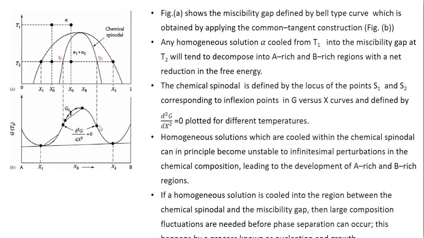These are the two inflection points corresponding to a temperature T2. If you vary the temperature, obtain these composition limits of the two phases, and plot the locus of such points, we end up with the spinodal curve.